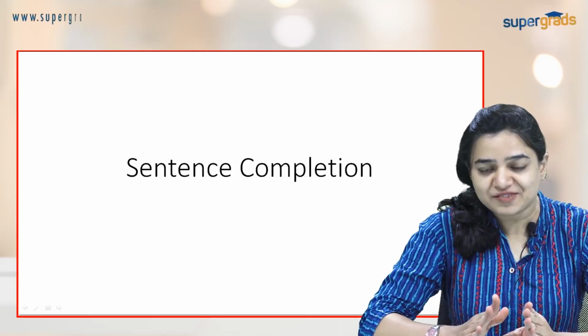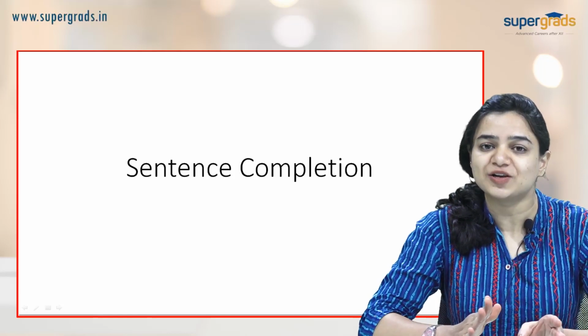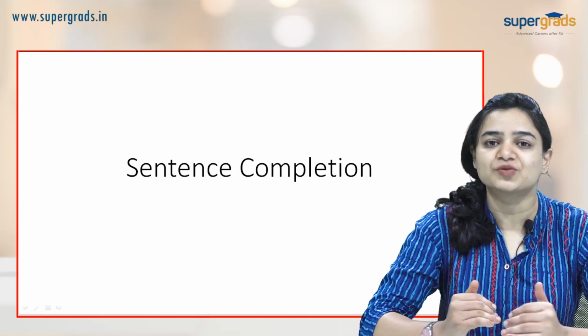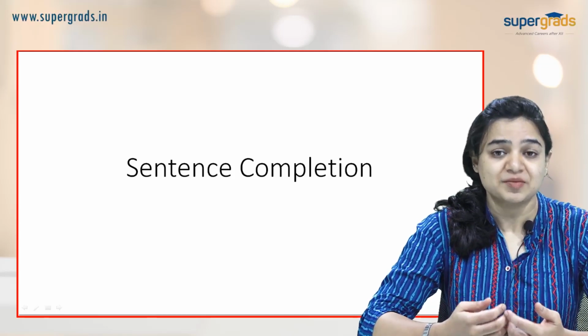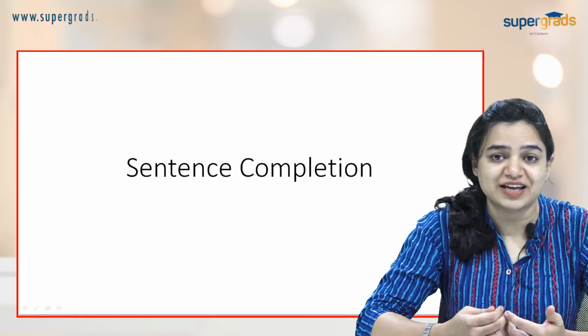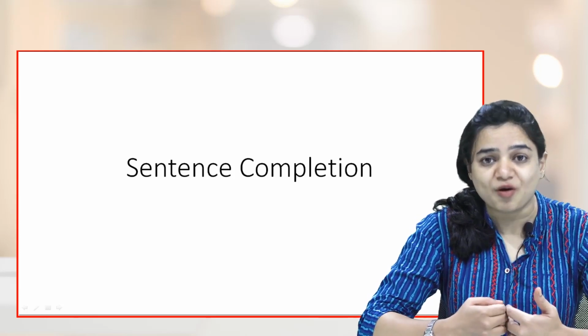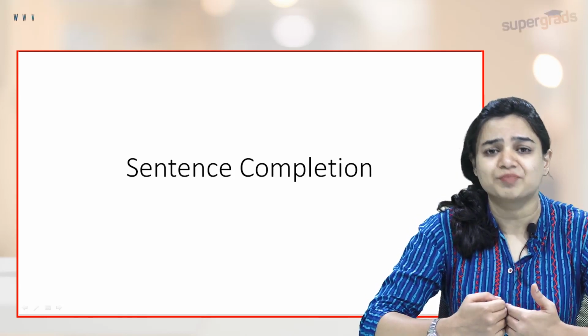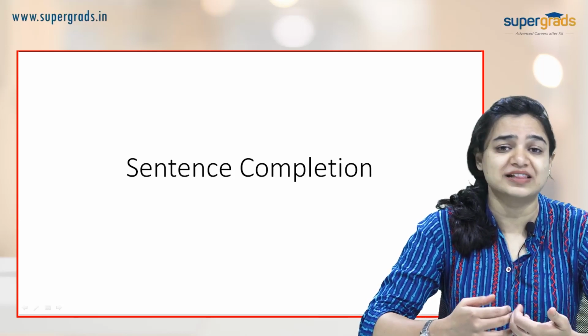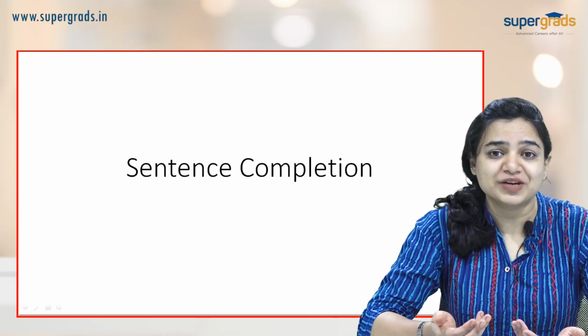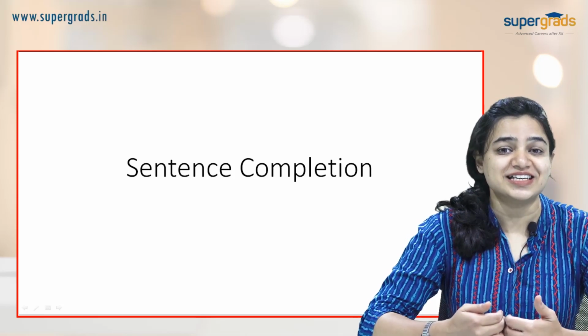Once we have understood what we are looking for, we are going to go for the options. Closely compare all the options, because in this question type they are painfully close. It could happen that you feel A is fine, but when you read C, you realize that C is better.